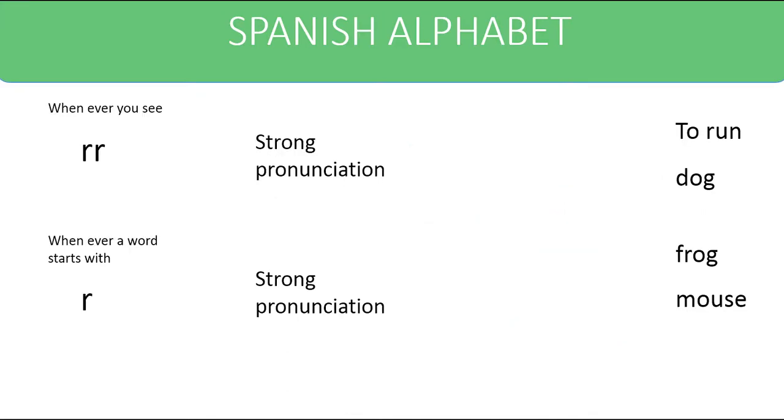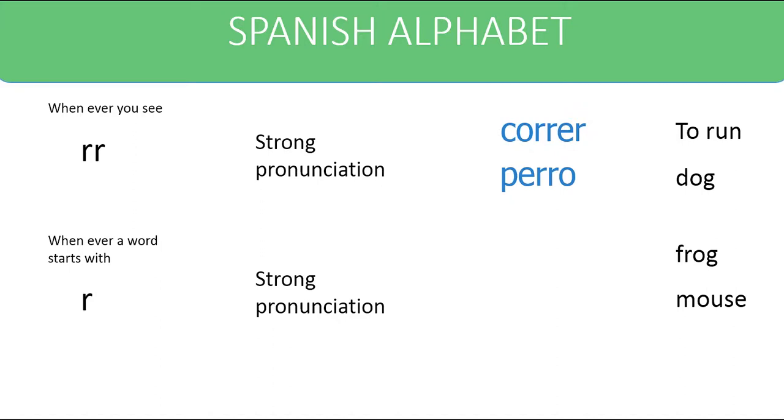So let's recapitulate. Whenever you see a double R, it will have a strong pronunciation. For example, correr, that means to run. And perro, that means dog.